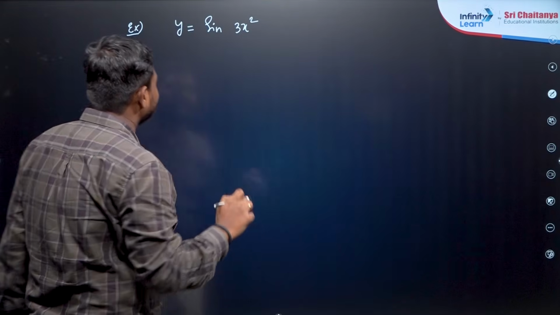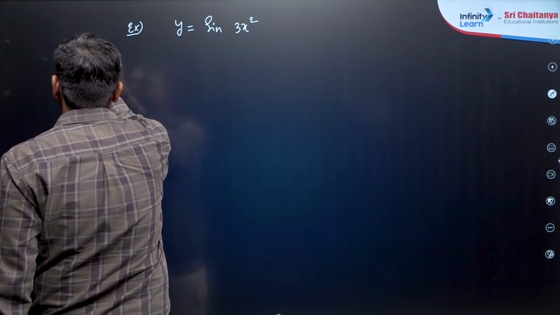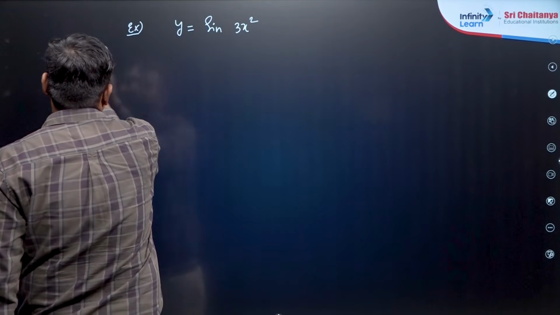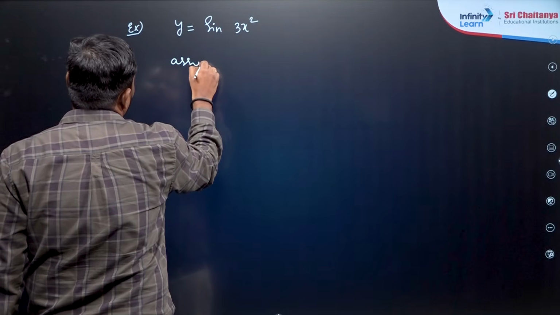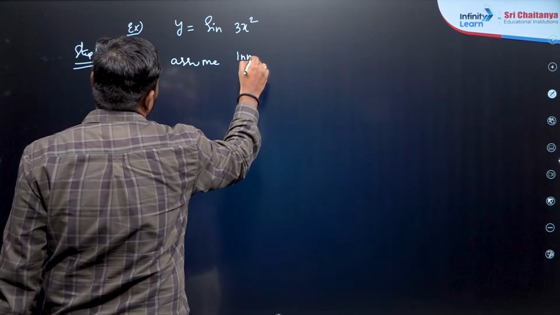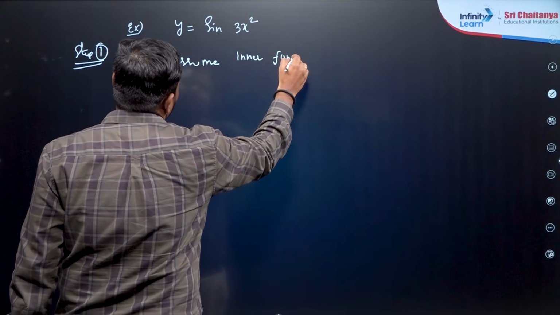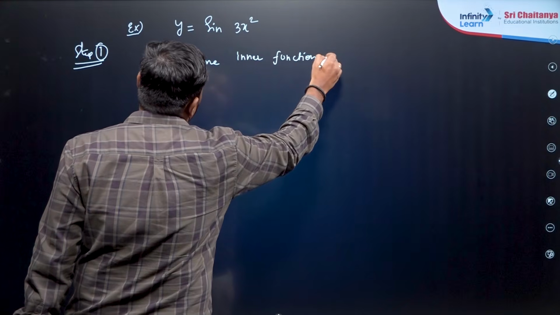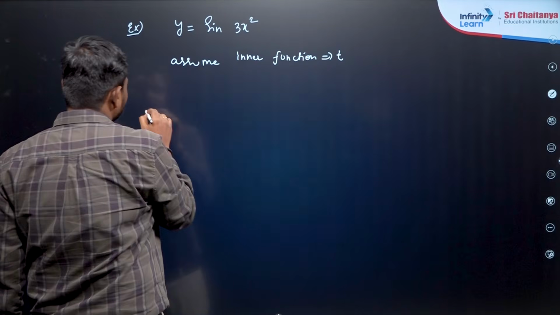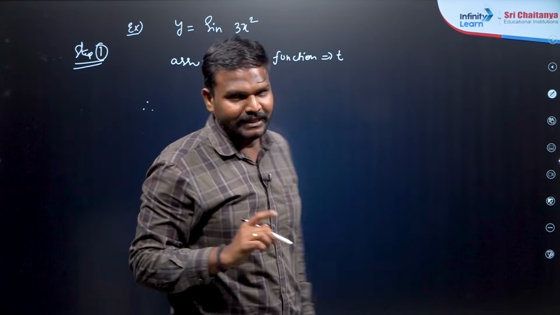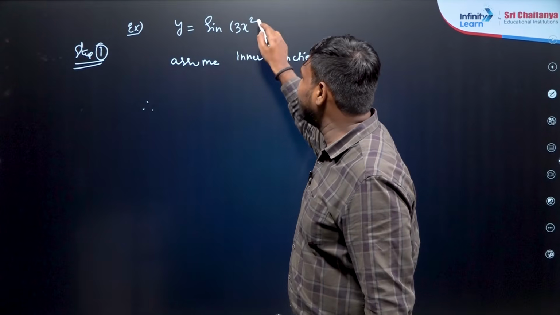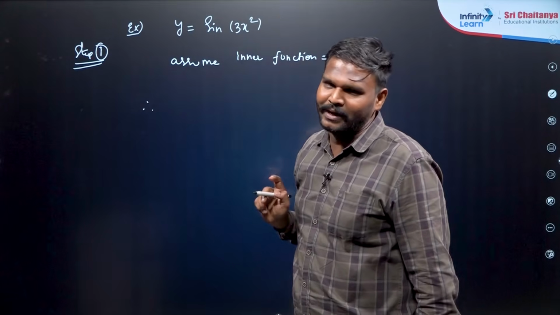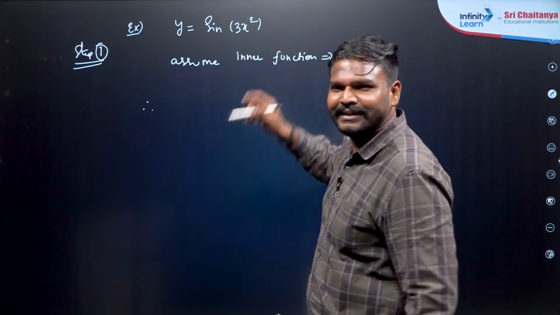So in chain rule, what is step number 1? Assume the inner function, whatever it is, as a variable t. Inside the bracket we have 3x square, so the inner function must be t.